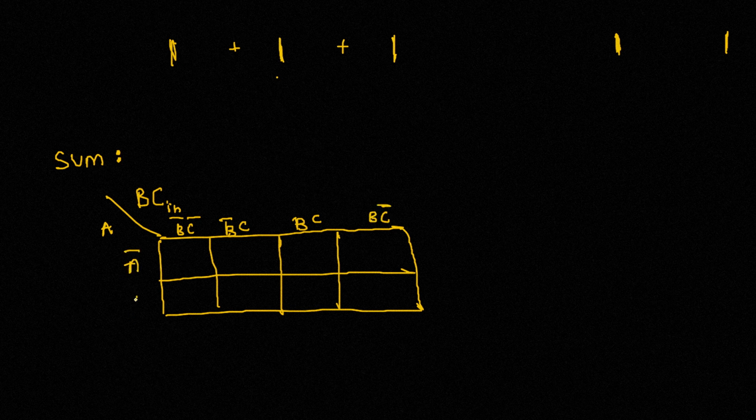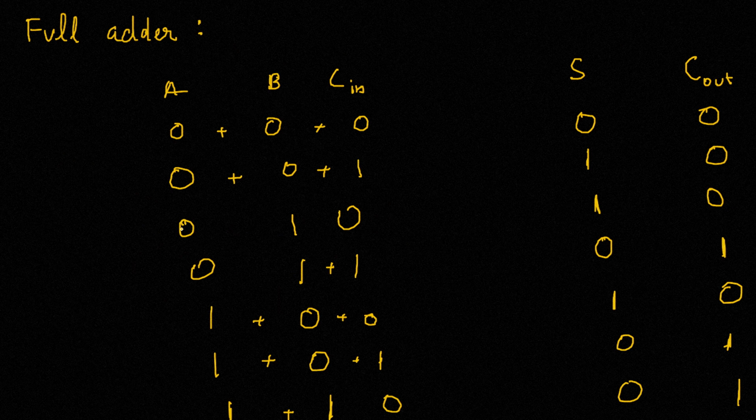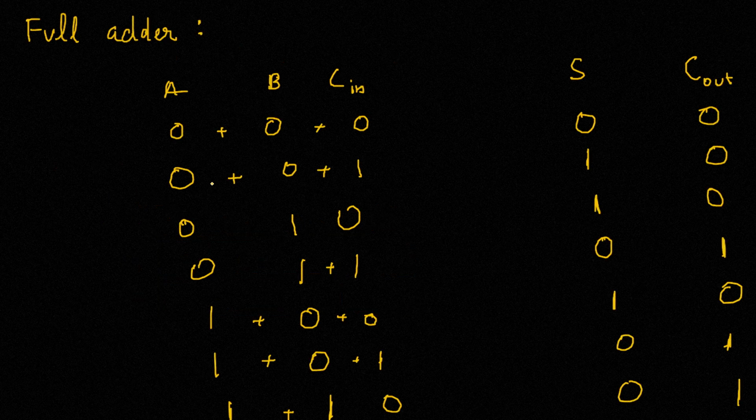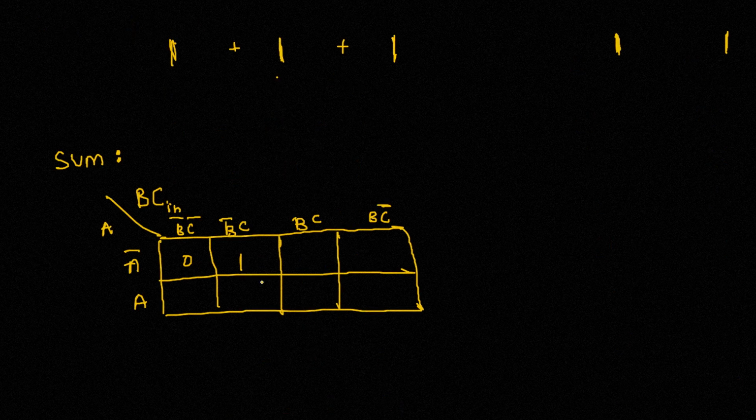This is A complement and A. Right. So for 0, 0, 0, we are only making this for sum. So for 0, 0, 0, we have 0. For 0, 0, 1, which is A complement, B complement, C, we have 1. For 0, 1, 0, which is A complement, B, C complement, we again have 1.